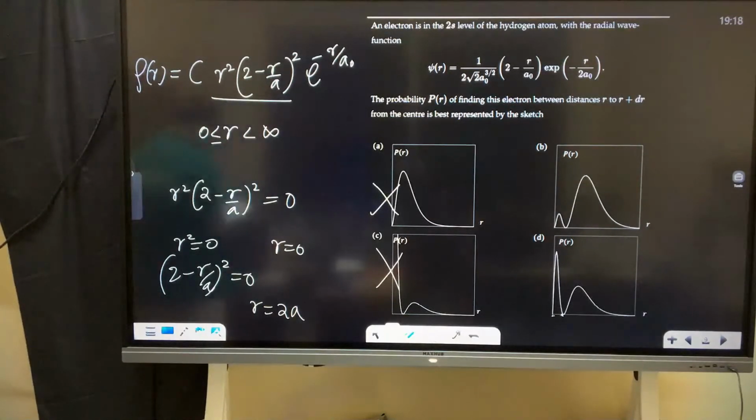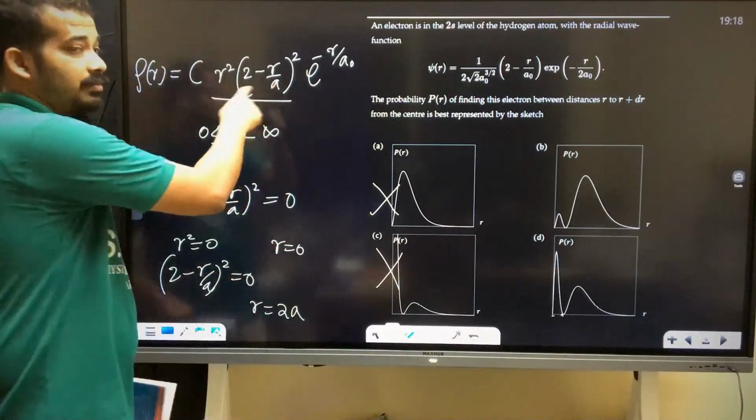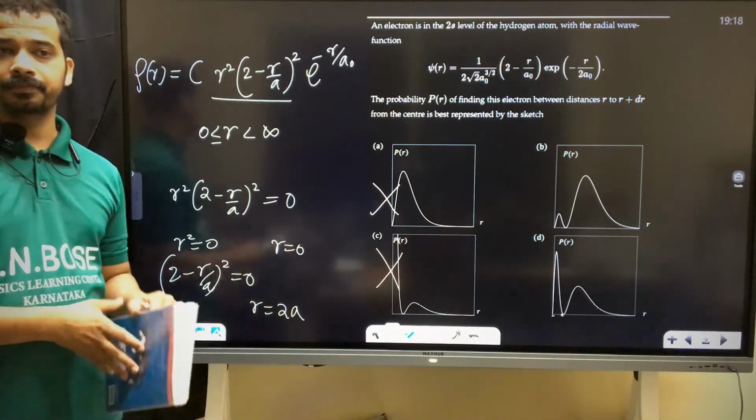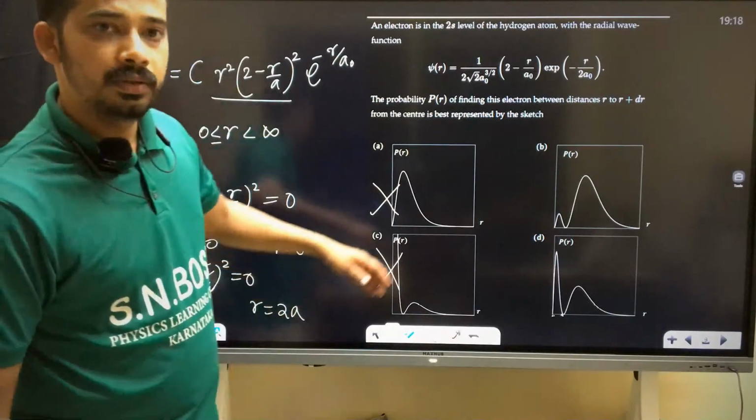He plotted the radial wave function directly, not mod square into r square. Can you check where it is plotted? Somewhere on Wikipedia I have seen it. They have plotted this one.